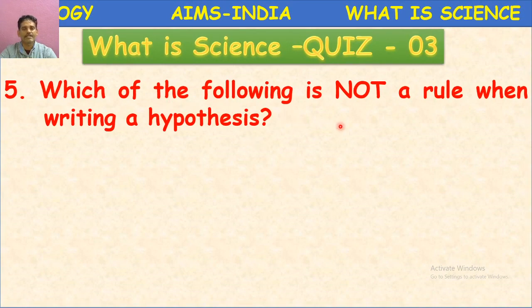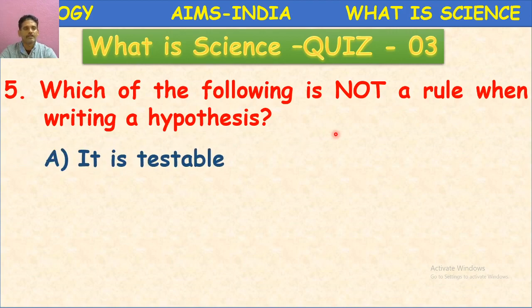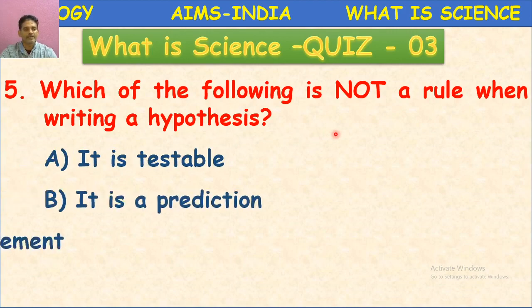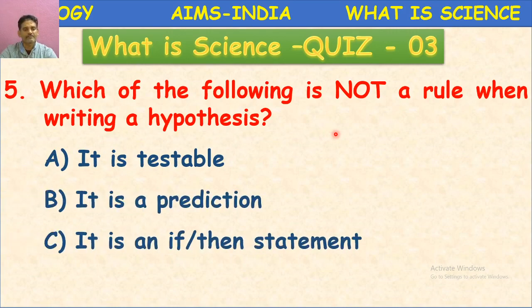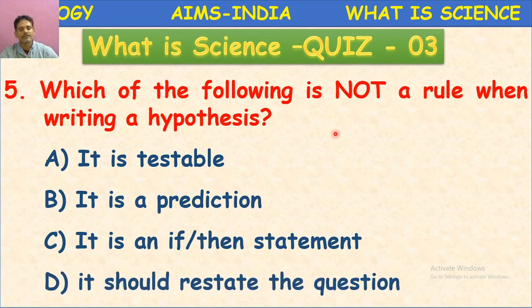Which of the following is not a rule when writing a hypothesis? It is testable, it is a prediction, it is an if-then statement, it should restate the question. Here the question is, which is not a rule when writing a hypothesis?